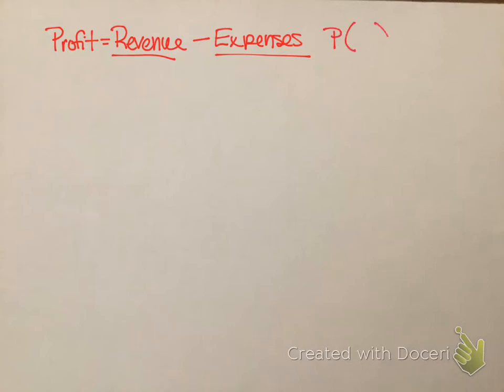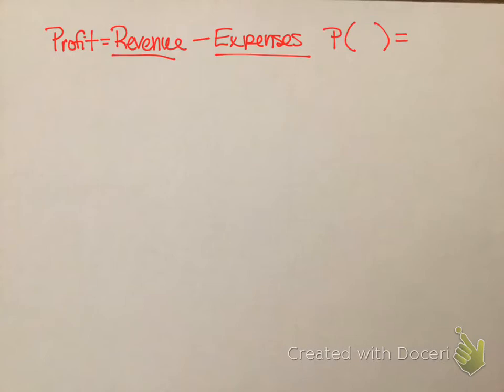Guys, profit would be the money Trevor has coming in from his tickets minus his expenses. So let's work on each one of these things, setting up an equation for it, because I know that I need to maximize my profit.